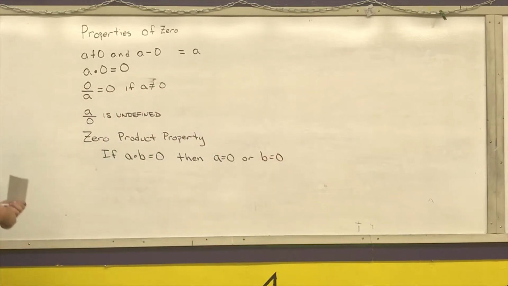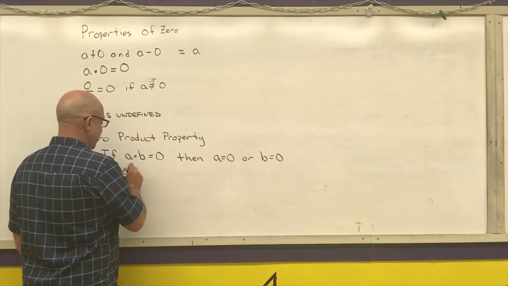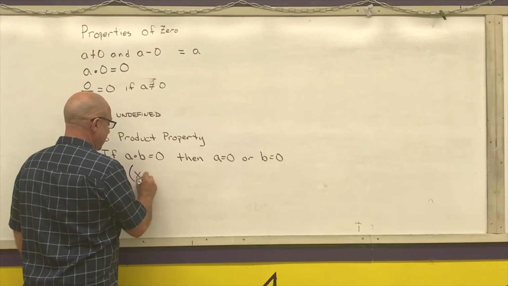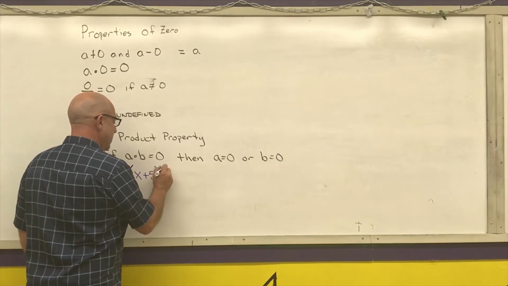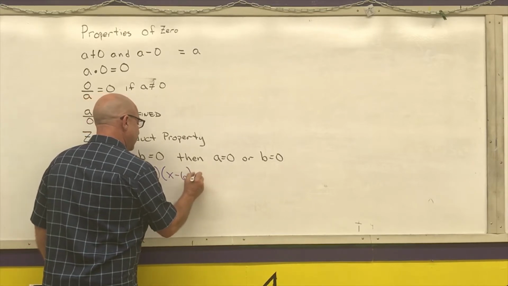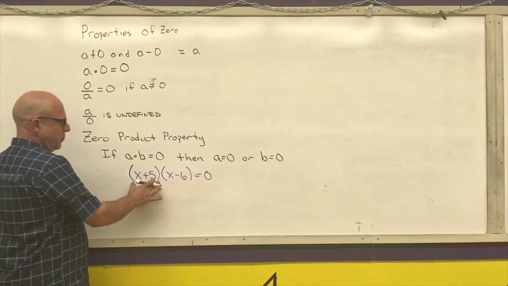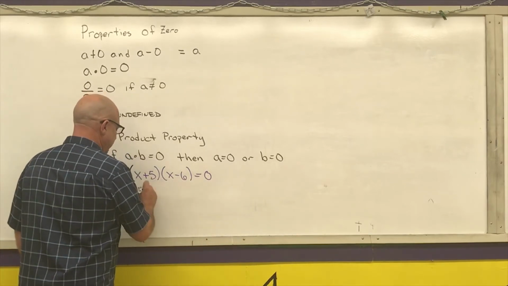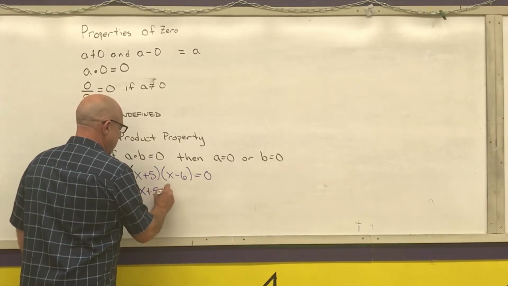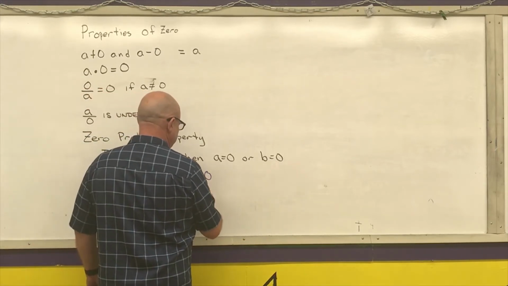An example where you're going to use this in Algebra 1 or beyond is if I have a multiplication problem that is equal to 0, either the first part of the multiplication problem is equal to 0, or the last part of the multiplication problem is equal to 0.